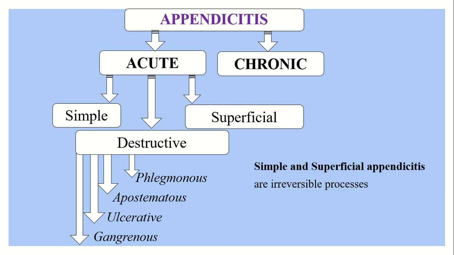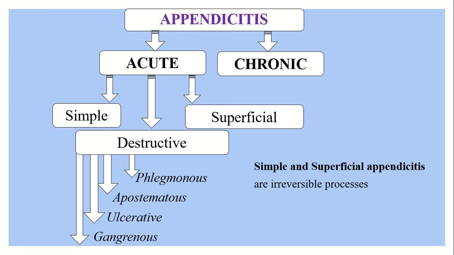Mainly in the clinics we use the term acute appendicitis. Before, they did not accept chronic appendicitis, but now it is accepted by clinicians and pathologists. There are three types of acute appendicitis: simple, superficial, and destructive.